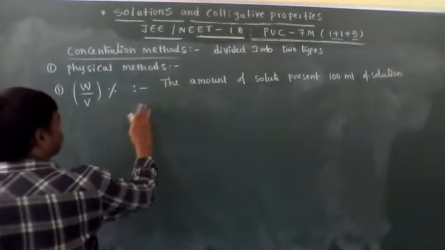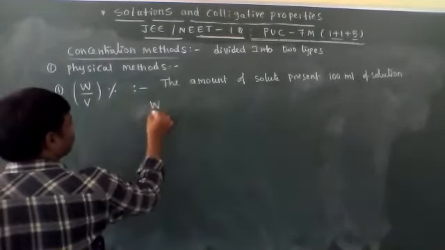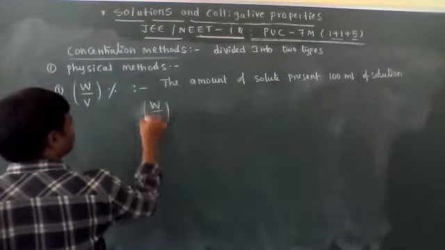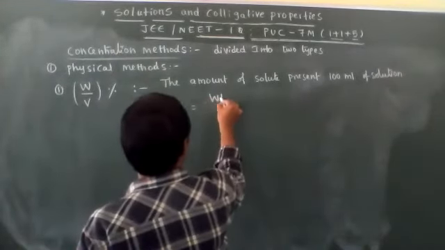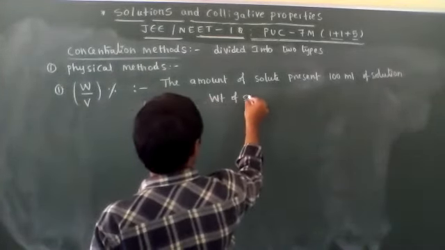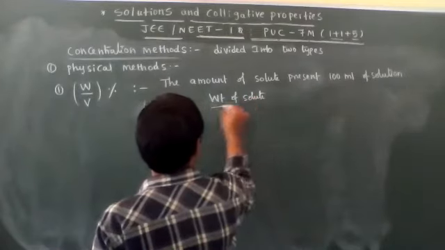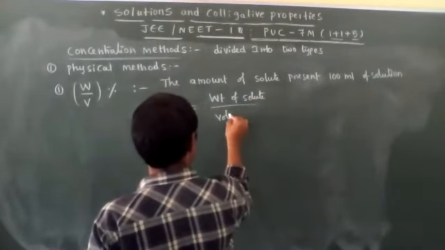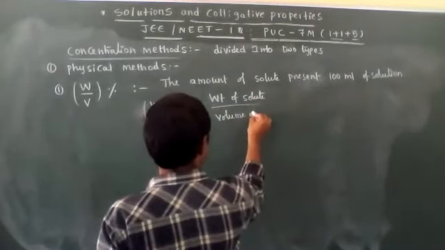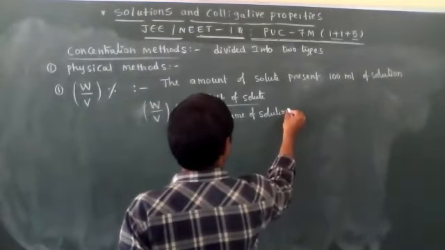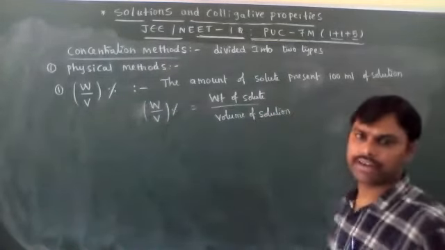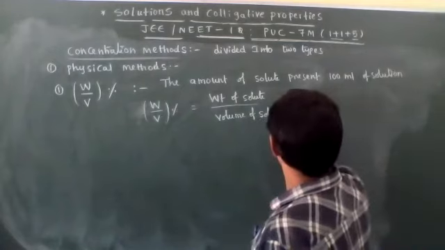So weight by volume percentage is equal to weight of solute divided by volume of solution, into 100.